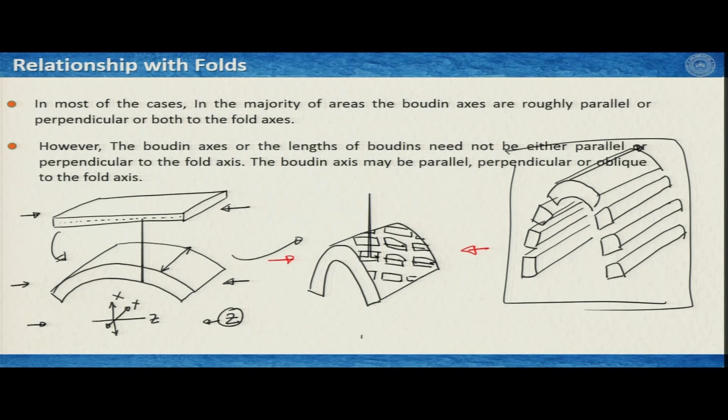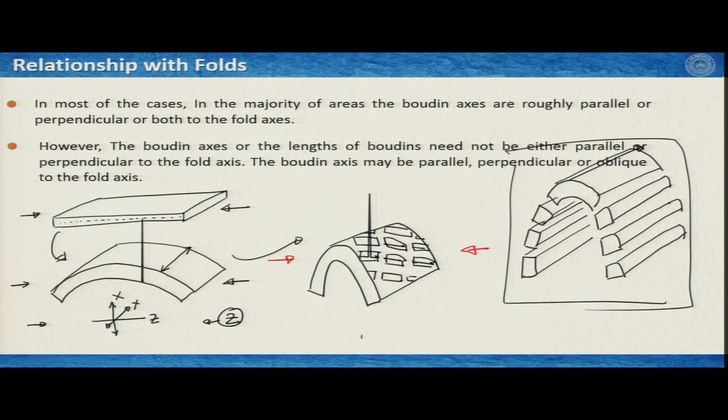However, it is true that Boudin axis and fold axis are often approximately parallel, but in making this assumption without actual observation or measurement, there is a possibility that we are losing a vital piece of information in the reconstruction of the history of the superposed deformation.